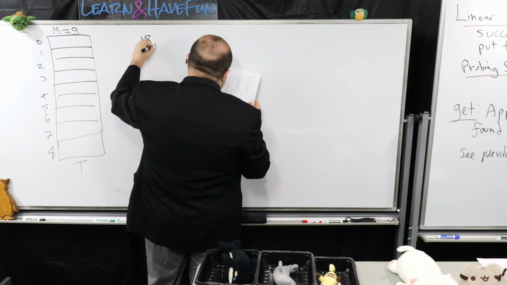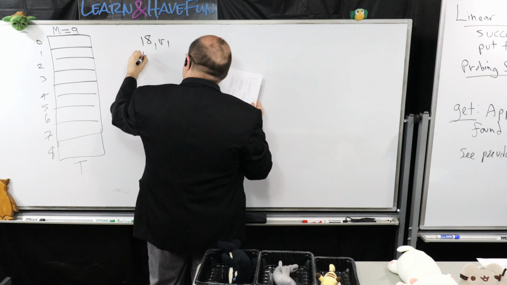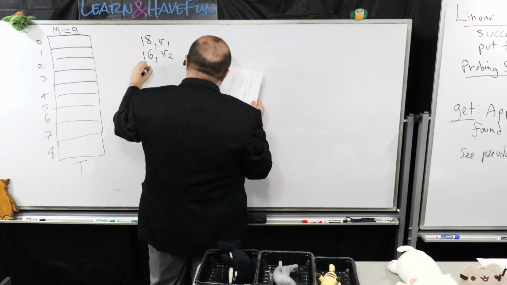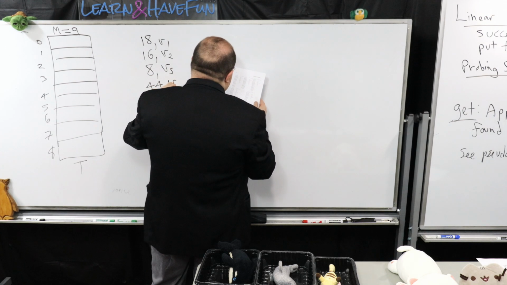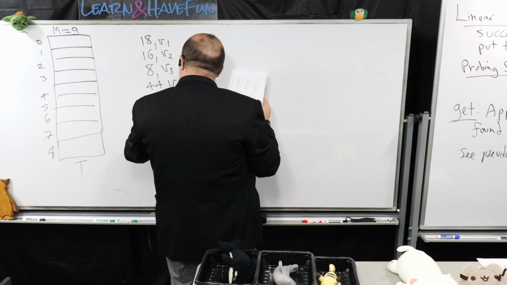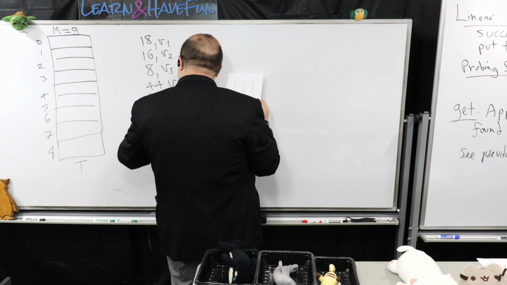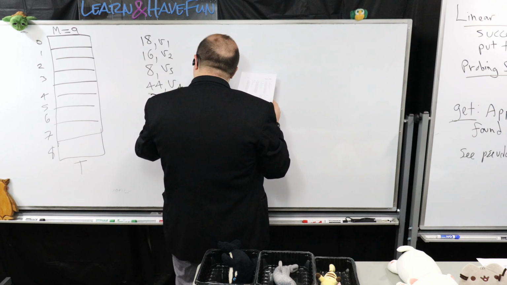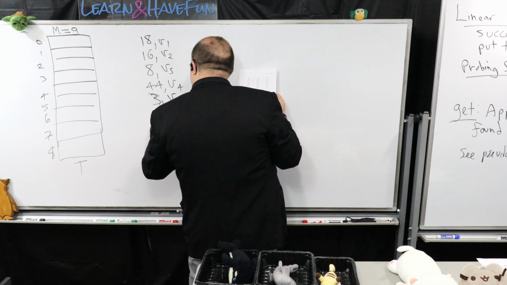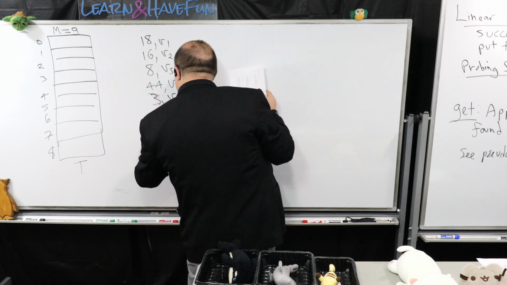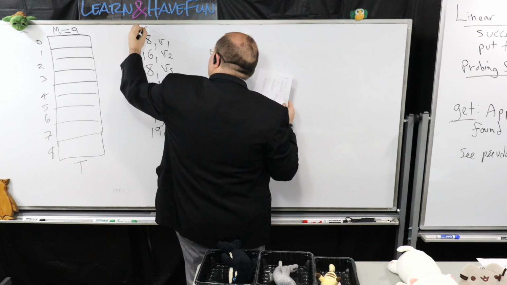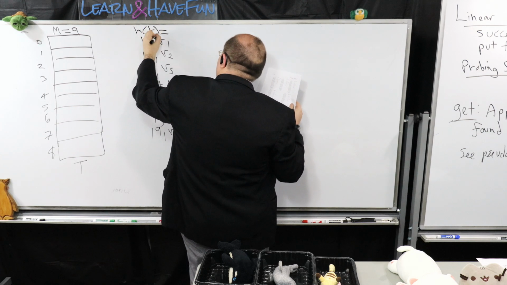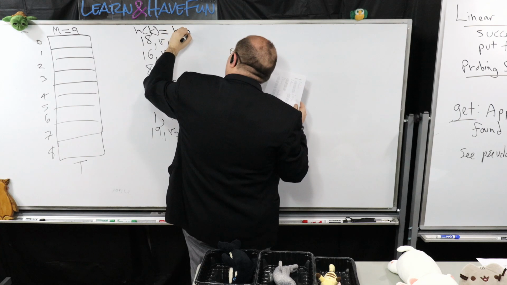Here are the things I'm going to insert. We're going to start off with 18, then 16, then 8, then 44, then 3. That 3 is looking a little sad, so let's fix that: 31, and then 19. My hash function is h of k equals k mod 9.